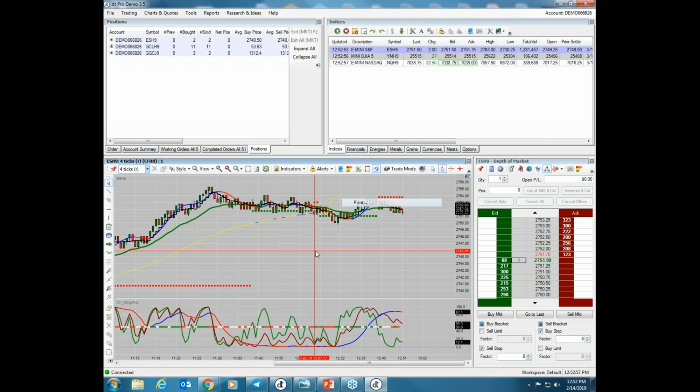What that means is you have a stop loss in, the market does something absolutely crazy, and your stop is not elected. That is the worst case scenario.